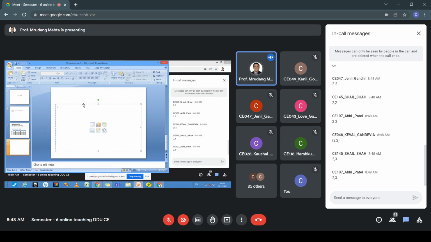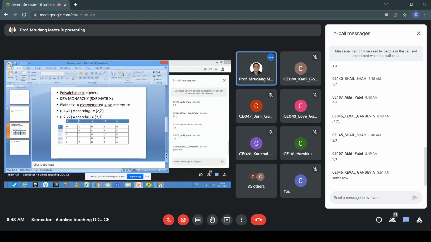So we can write it like this: three conditions. If U1 equals U2, what is the meaning? It means same row, right? If you look at the locations 2 2 and 2 3, this is U1, this is U2. U1 and U2 are 2, so they are in the same row. Column values are different.